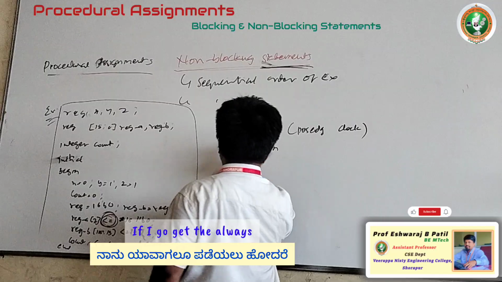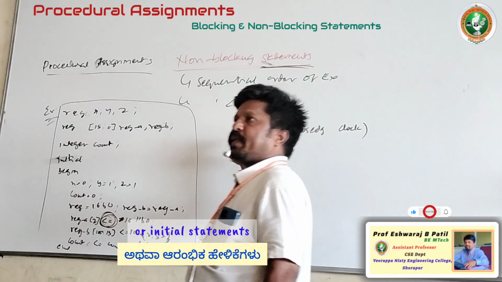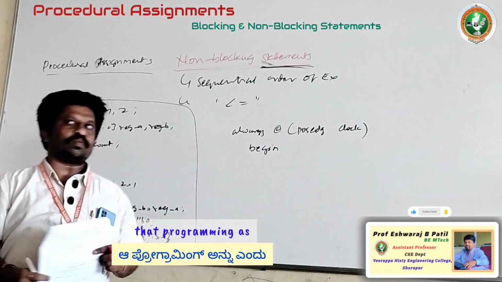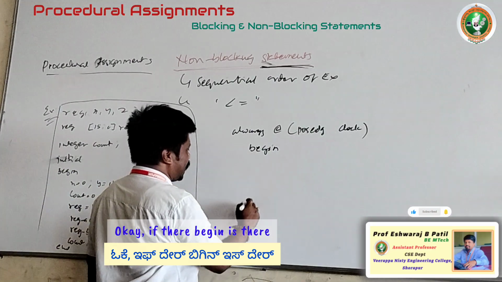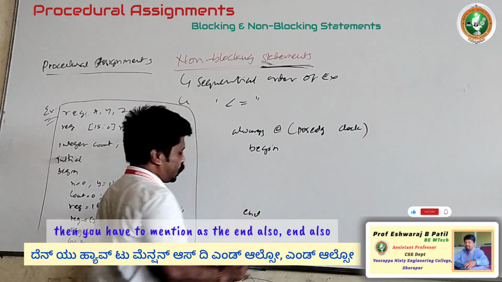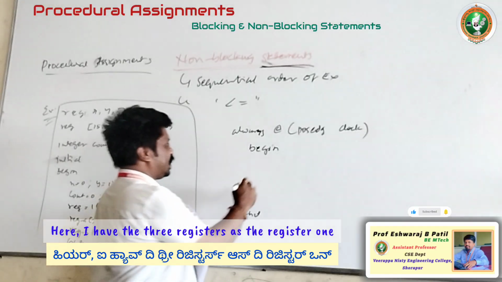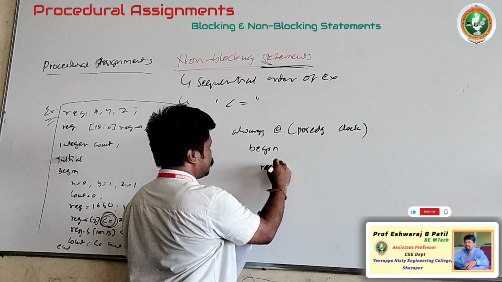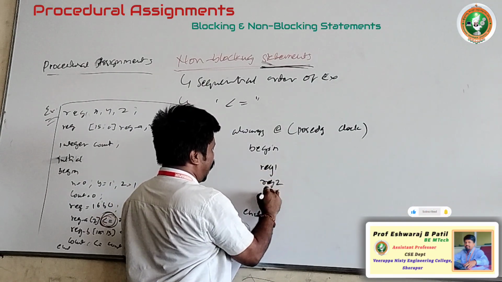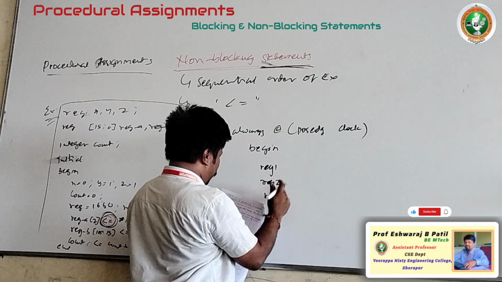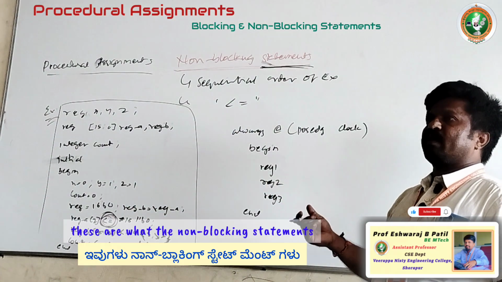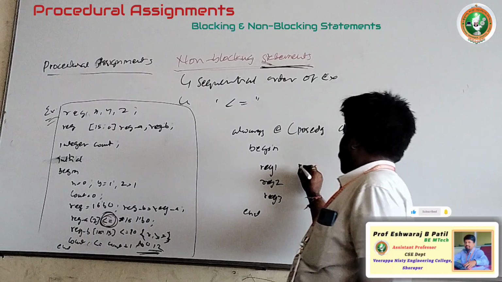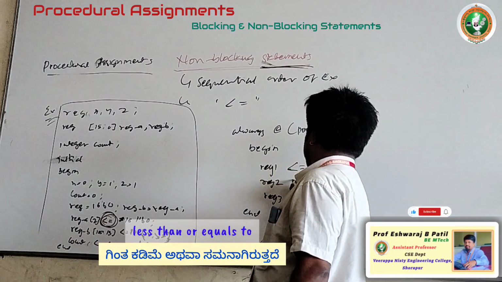If you use always or initial statements, then you have to identify the procedural block description itself. If there is a begin, then you mention the end also. Here I have three registers: register 1, register 2 and register 3. These are non-blocking statements, less than or equal to.